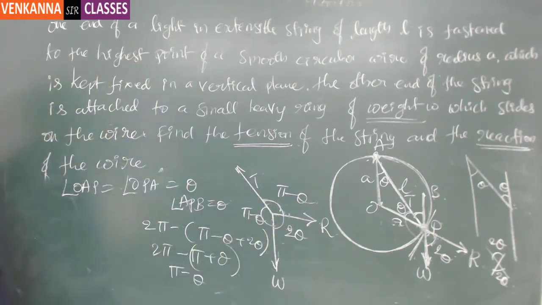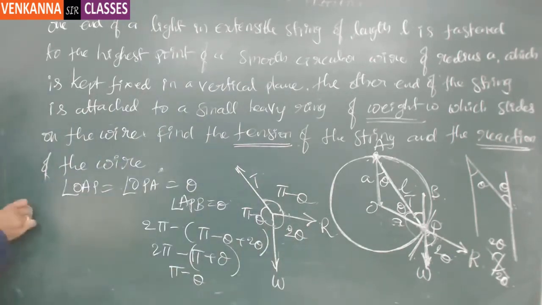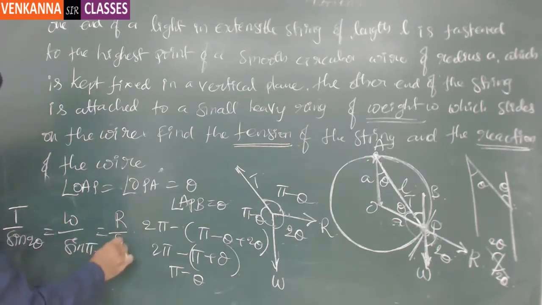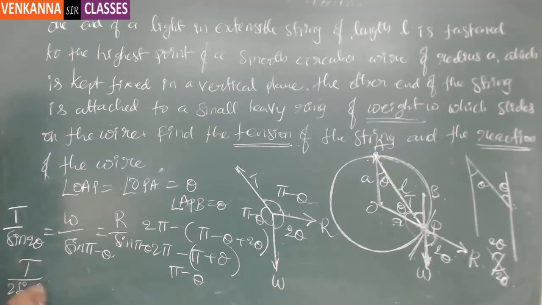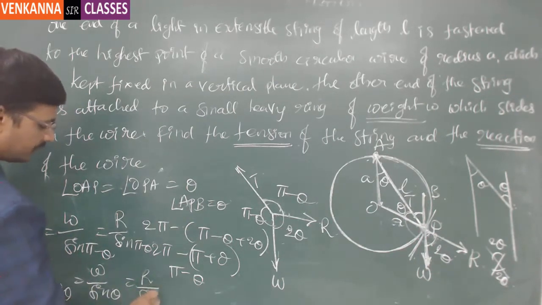Now you have got all the required quantities for Lami's theorem, right? So you can apply Lami's theorem on this. For applying Lami's theorem, you can write T by sine 2 theta is equal to W by sine pi minus theta is equal to R by sine pi minus theta. So from this, T by 2 sine theta cos theta is equal to W by sine pi minus theta, which is sine theta, is equal to R by again sine pi minus theta, which is sine theta.